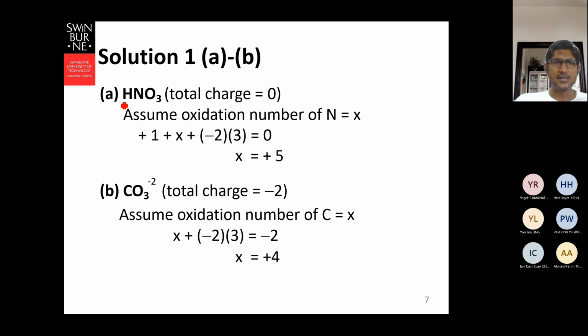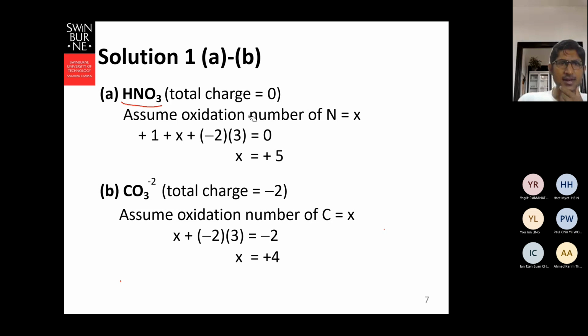Starting with nitric acid, no charge is shown, neither negative nor positive, so we know the total charge is 0.